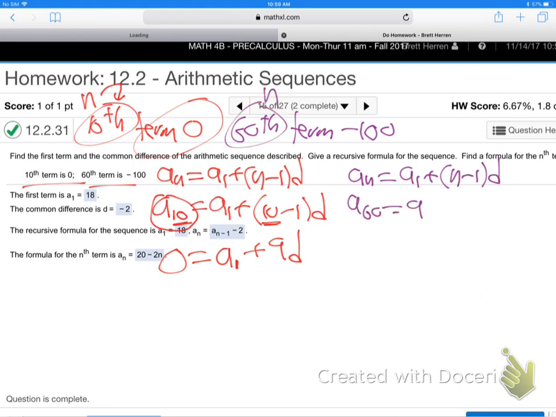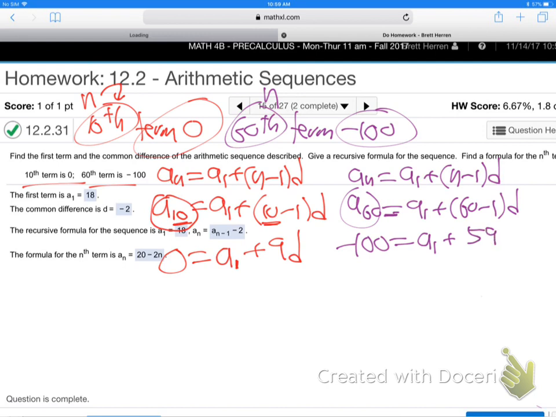So everywhere you've got n, now you know it's a 60. And what is A sub 60? What is the 60th term? They're telling me it's negative 100. And 60 minus 1, 59 d.